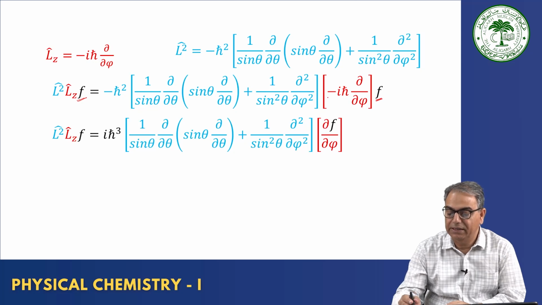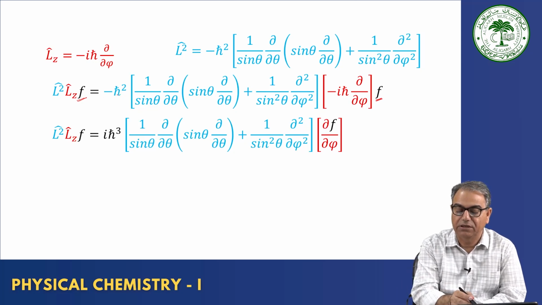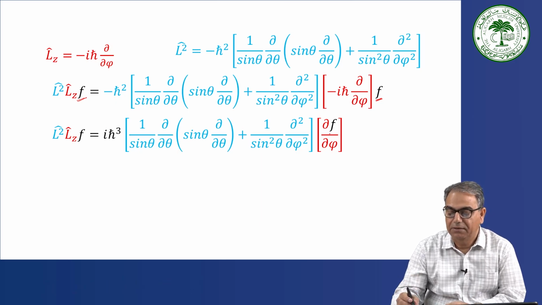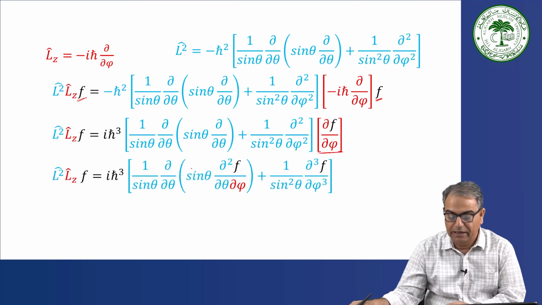I did nothing but multiply minus i h cross and minus h square, then minus minus plus, and i will remain there, h cross whole cube, and this f came inside the bracket, del f by del phi I have written. Okay. Now you can again bring all these red terms within the bracket, and it will be like this.